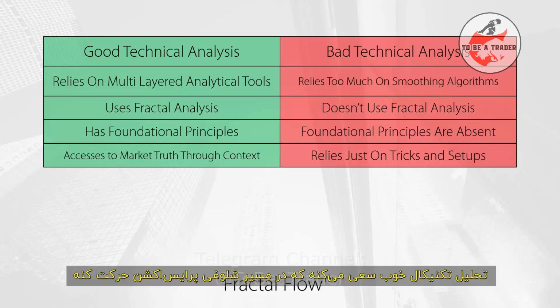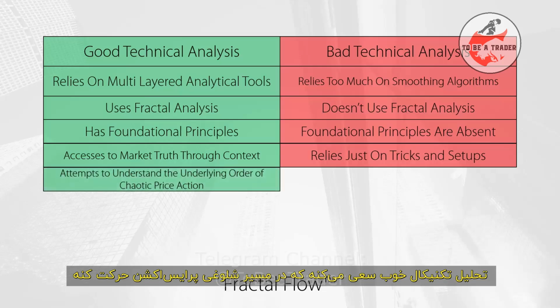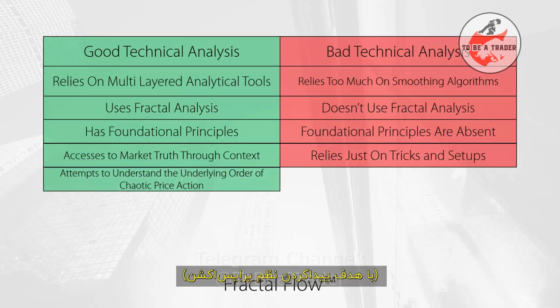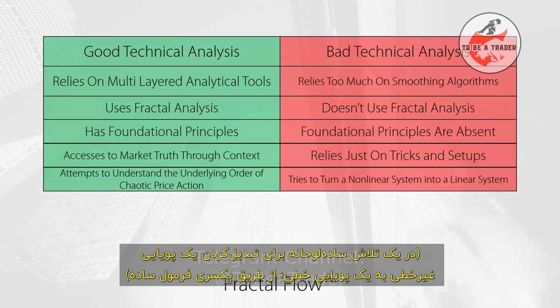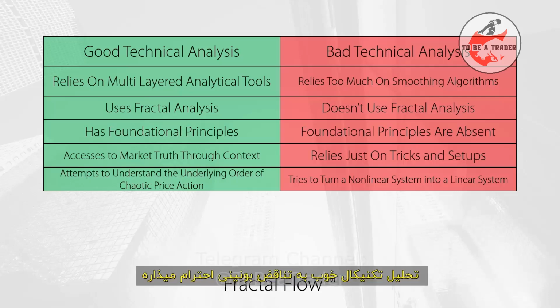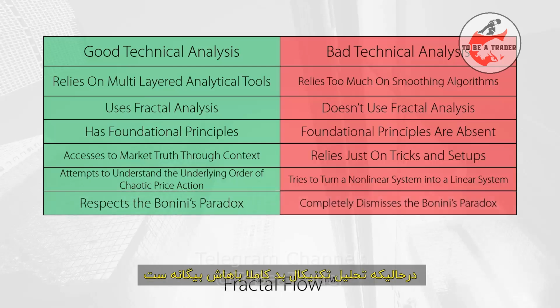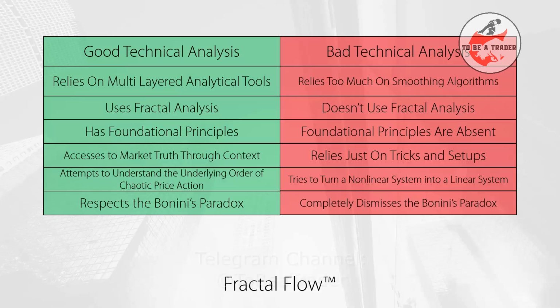Good technical analysis tries to go in the direction of price-action noise with the intent to find its underlying order, while bad technical analysis tries to obfuscate price-action noise in a naive attempt to turn a nonlinear dynamic into a linear dynamic through simple formulas. Good technical analysis respects the Bonini's paradox while bad technical analysis is completely alienated from it.